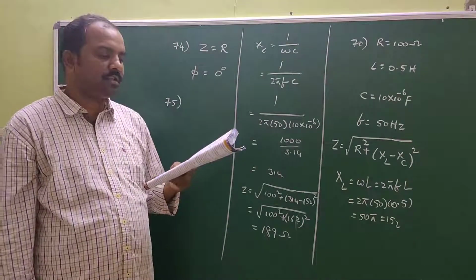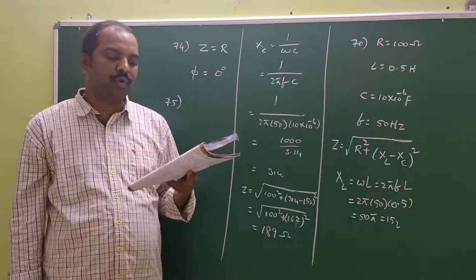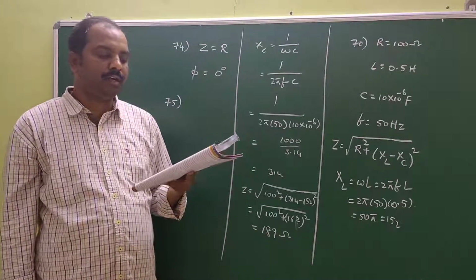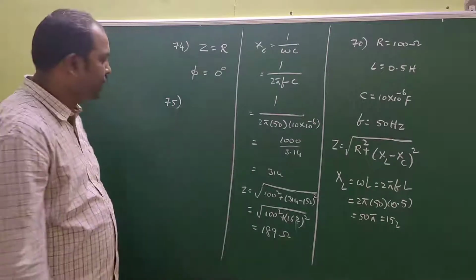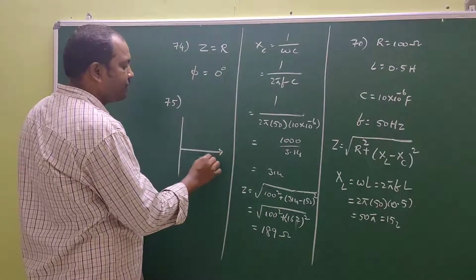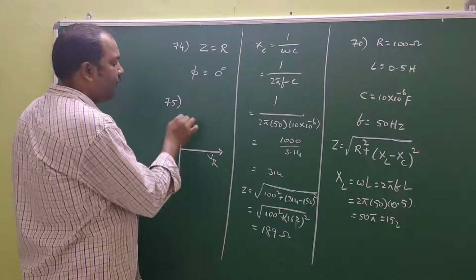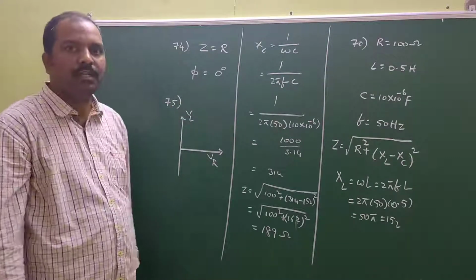Second one, the phase difference between EMF across the inductive coil and EMF across the resistance is 90 degrees. In case of an inductor, current lags behind the EMF with a phase difference of 90 degrees.